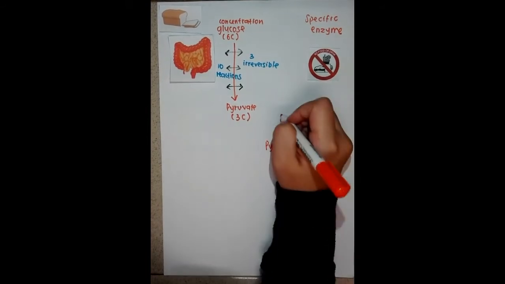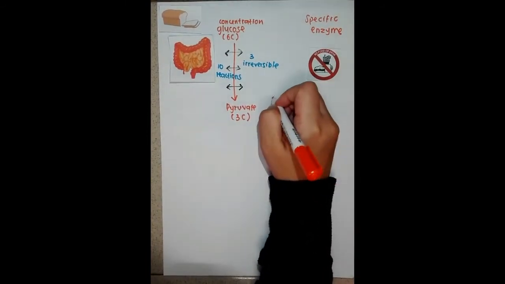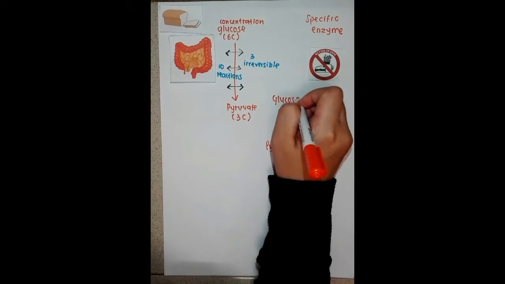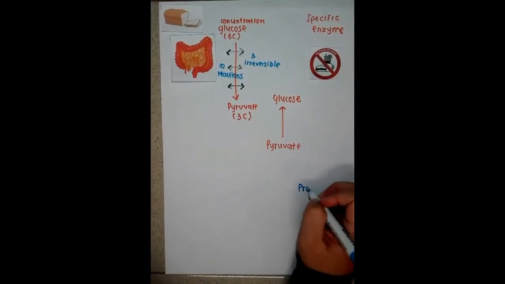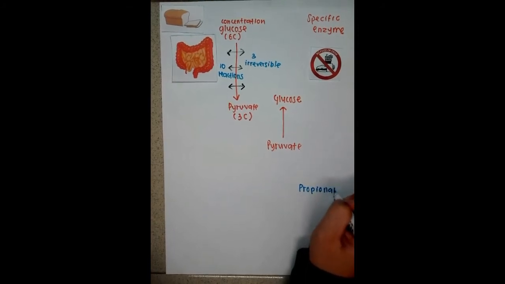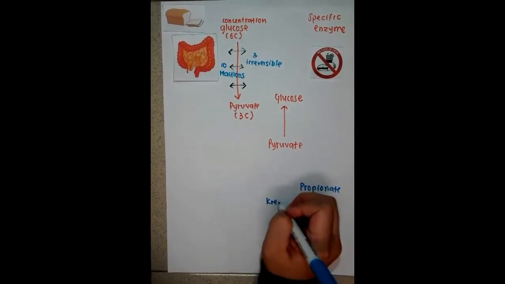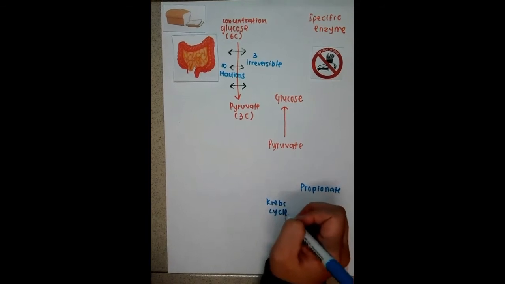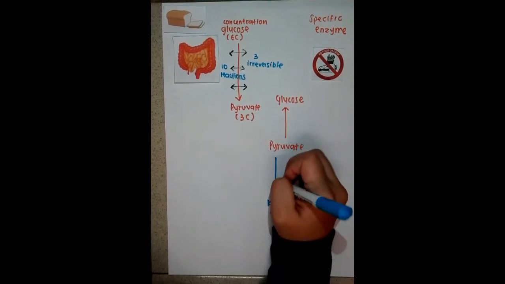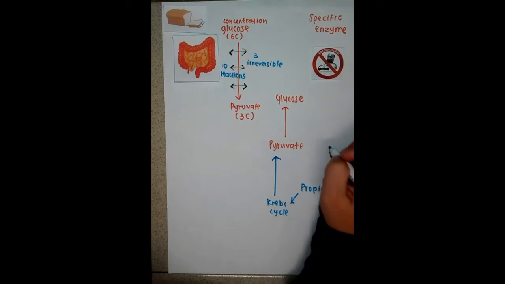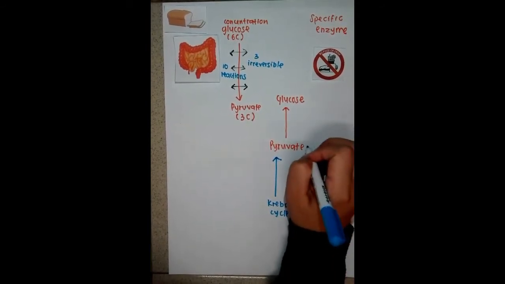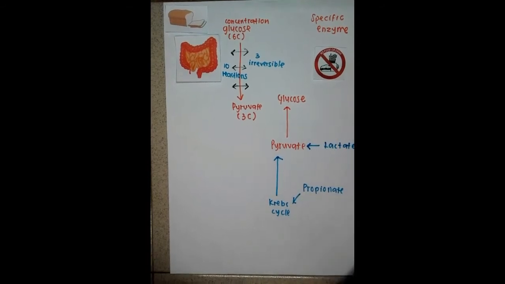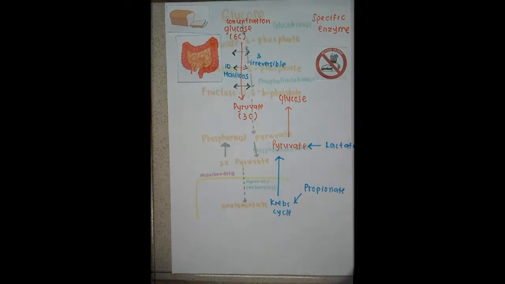When pyruvate gets converted into glucose, other substances such as propionate are first converted to an intermediate of the Krebs cycle, which then gets converted to pyruvate, and substances such as lactate are first converted to pyruvate directly and then converted into glucose.